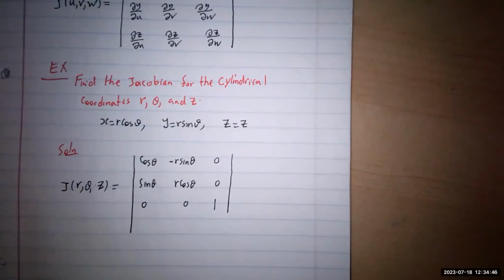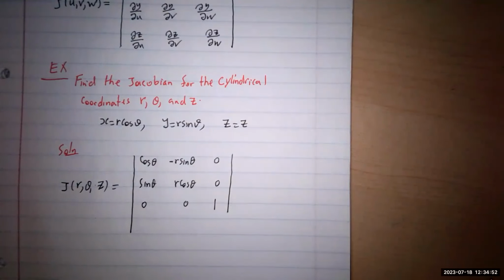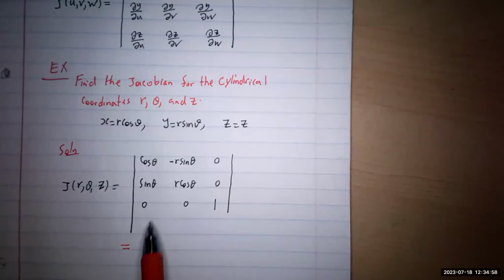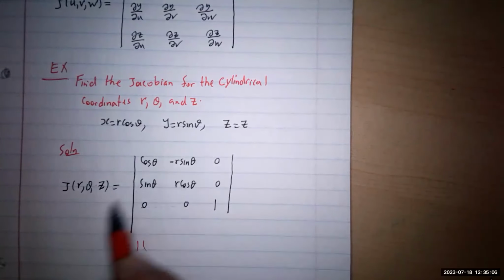And if you find this determinant, you know that you can use the last row as the definition that we have, since we get all zeros. So this is going to be 1 times cross multiply this.